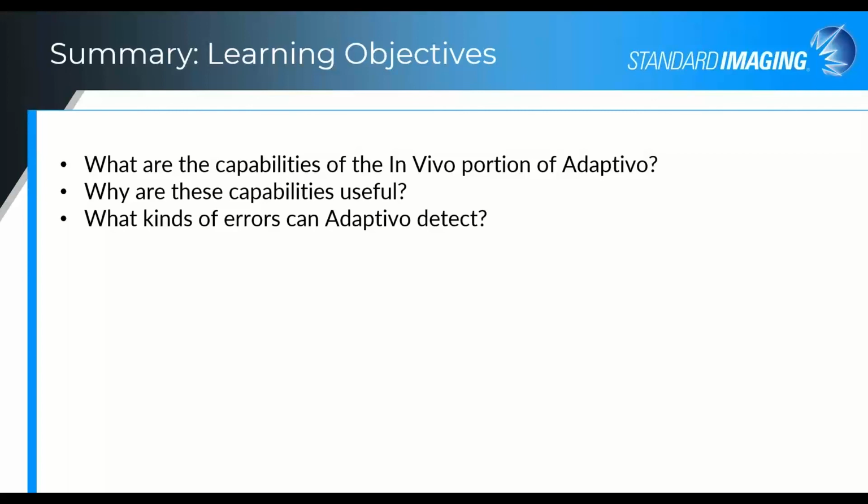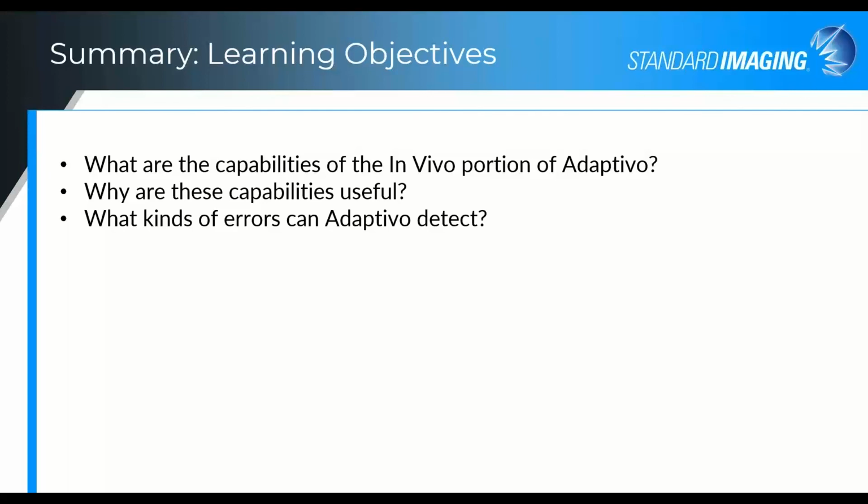Why are these capabilities useful? So they prompt discussion, so it was a time that they could go in and find out that there needed to be a new mask for this patient. And it just prompts discussion and continual improvement and monitoring of patient setup.